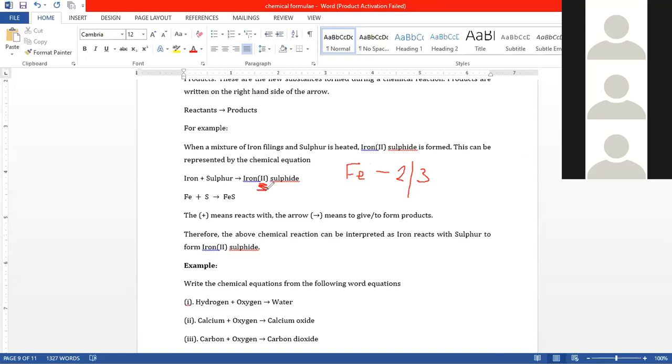That is why we have iron 2 sulfide. So it does not disappear because we are specifying the valency to which that iron belongs. I don't know if I've answered you. Johan, is your question answered? Yes, thank you, teacher. You're welcome.